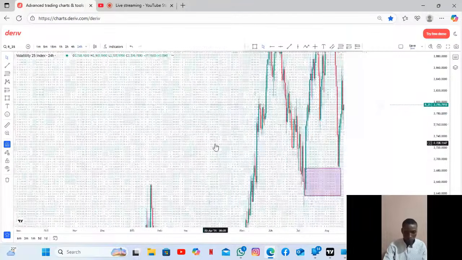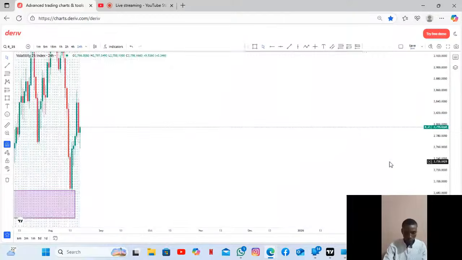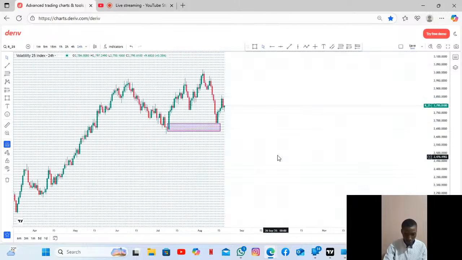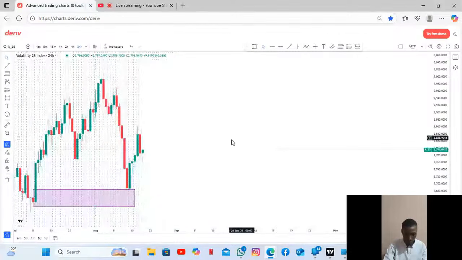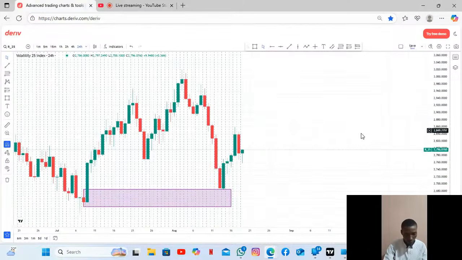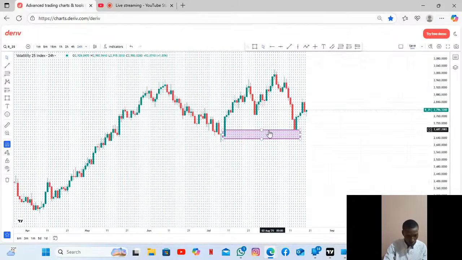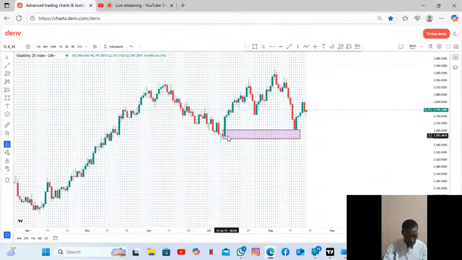It is on its way up. Price tapped into it and is on its way up. And we're okay because this is the order block.